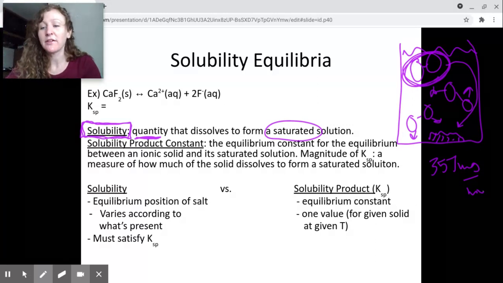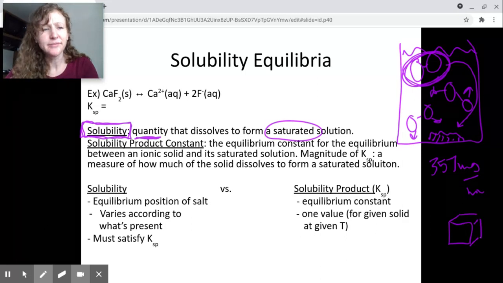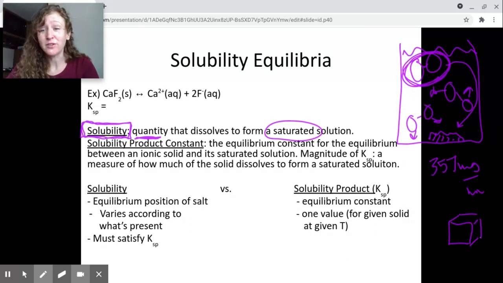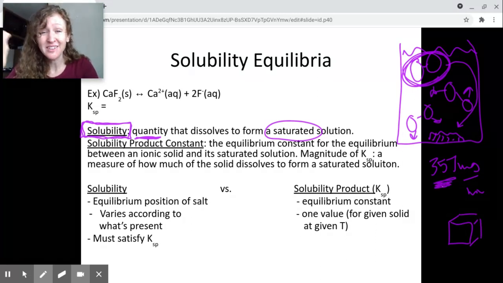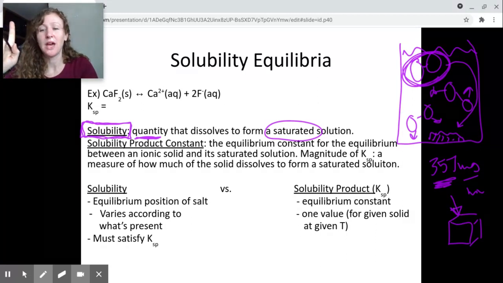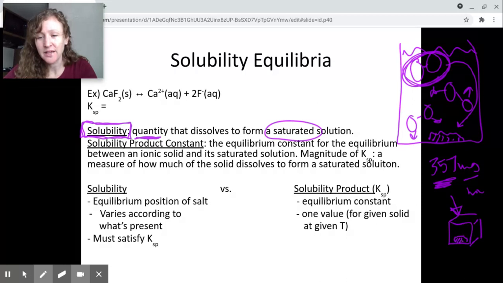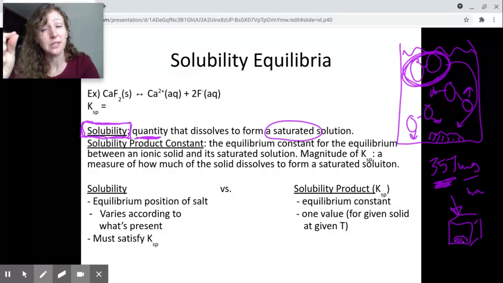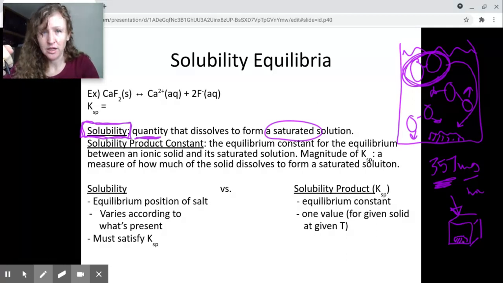For every 1 milliliter that we have, that's not a whole lot of water, we can add 357 milligrams of salt, and it will dissolve in that 1 milliliter of water. If we add 1 more milligram, it's going to fall to the bottom because our water will be saturated. So solubility is an amount. In this case, we have communicated that amount in milligrams per milliliter.